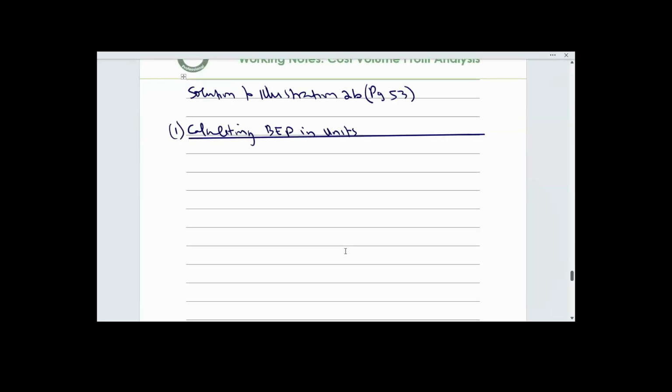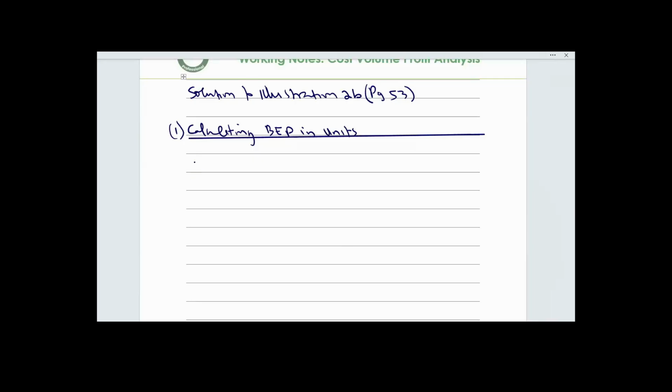As you can see, Babasweb manufactures products A, B, C, and D, which means that Babasweb is a multi-product company. Therefore, we want to calculate break-even points in units. There are 5 steps you are going to carry out. Don't go and be writing steps on the day of your exam.